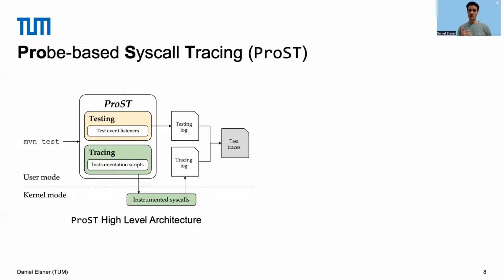We currently use dtrace for Windows and macOS, and bpftrace for Linux. ProST also features a test listener, where we currently have one implemented for JUnit for our experiments. And then we use the information that's generated from the testing component and from the tracing component to generate the per test execution traces.